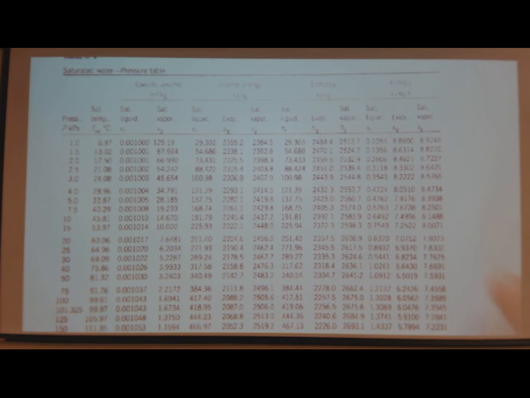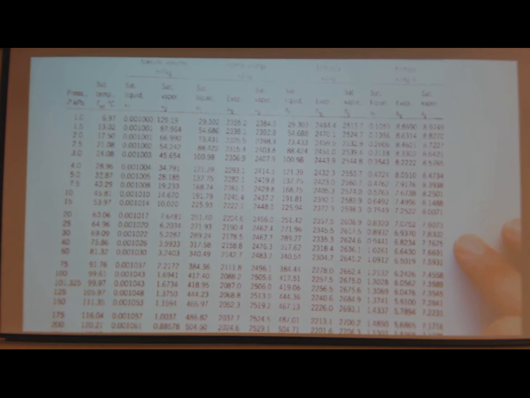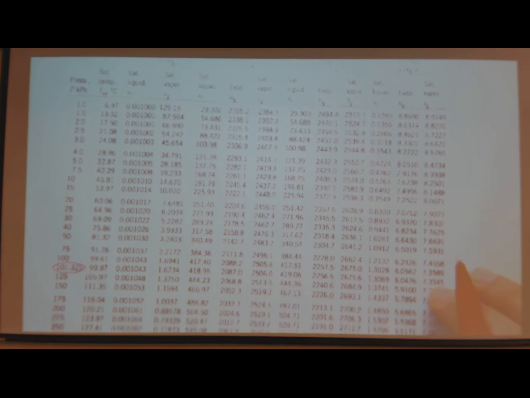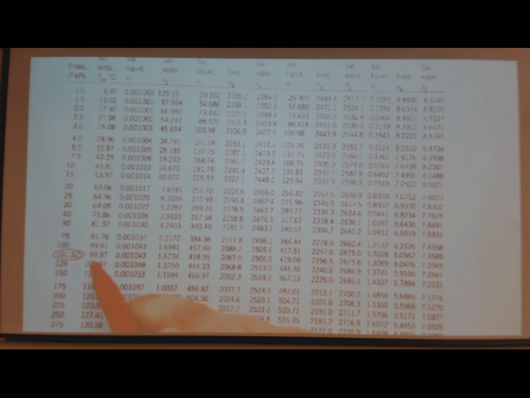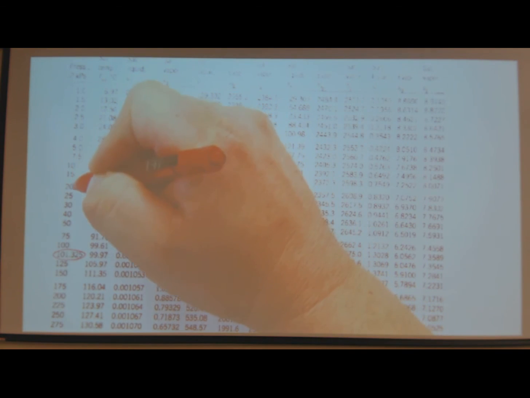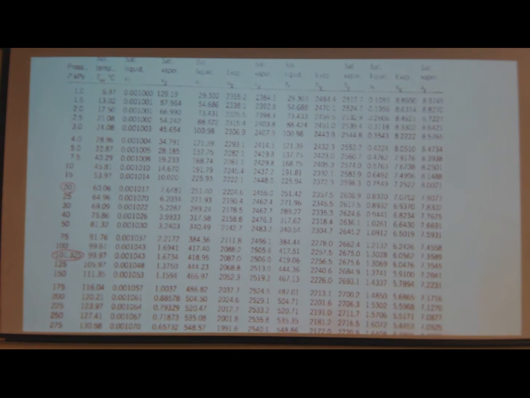So here's the pressure one. So I can go to 101.3 kilopascals. Water boils at 99.97 degrees C. Go to the top of Mount Everest. The pressure is probably on the order of 20 kilopascals.